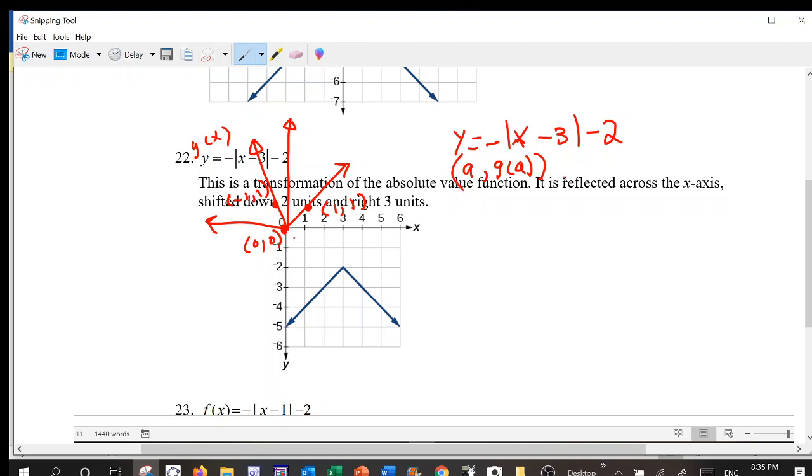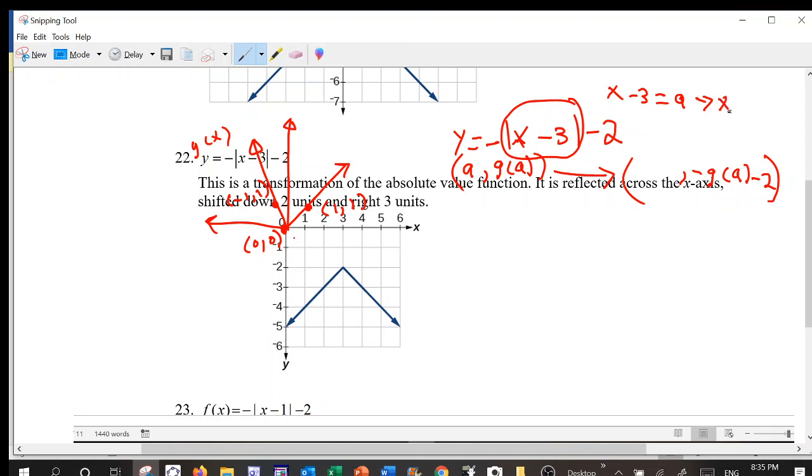So every point on that original graph goes to, well, look, again, this part is the old y, right? So it's negative g of a minus 2. And the a part, x minus 3 equals a.